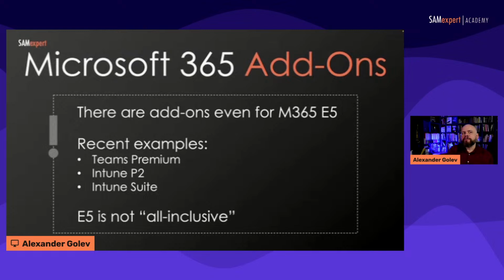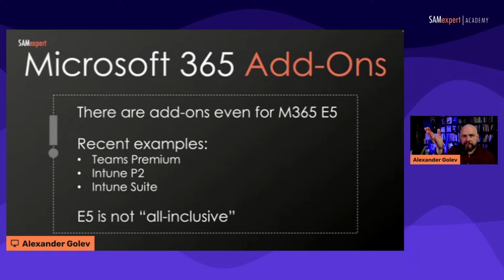There is a list of about 20 to 30 add-ons that you can add to E3 or to E5, depending on the requirements of the add-on. And these add-ons, for example, the most recent ones, affect the most popular components of Microsoft 365, with the exception of Office.